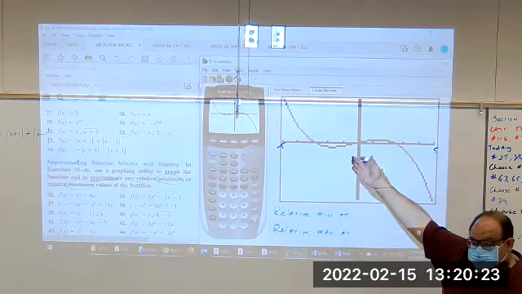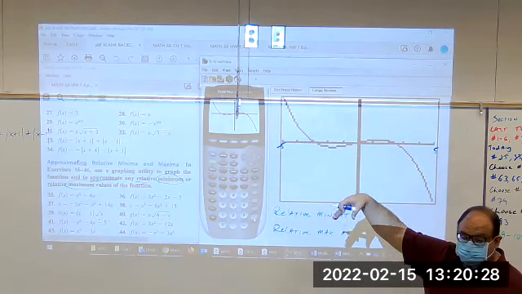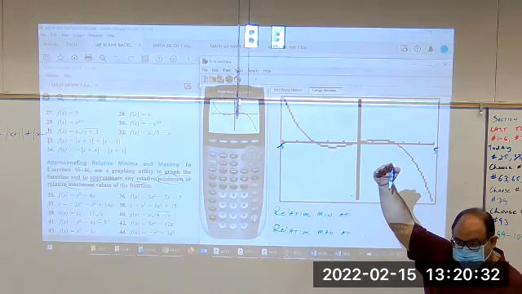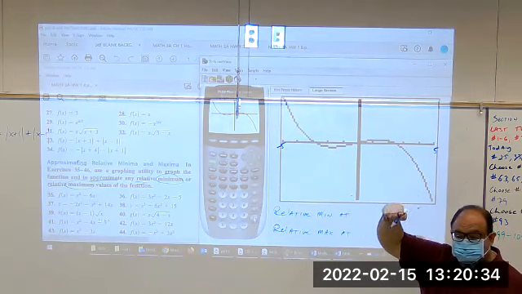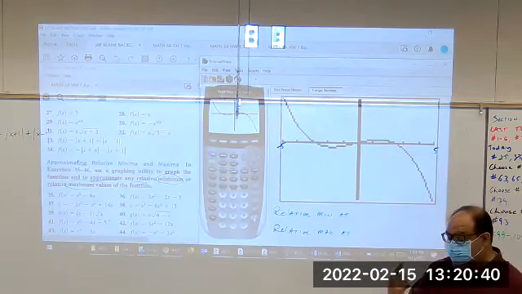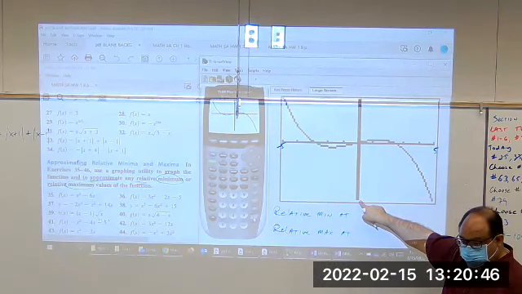What we had last in the y window, we told it to do -1 all the way up to 10. And we told it to put a little dash every 1 unit. The y scale was still 1.